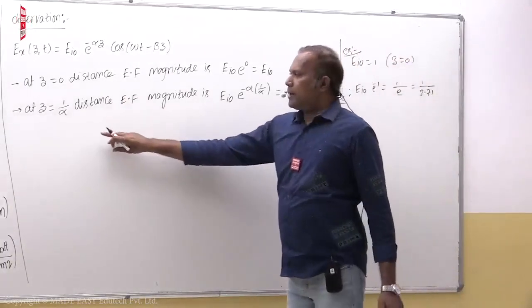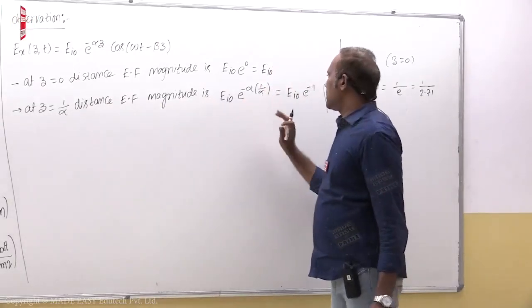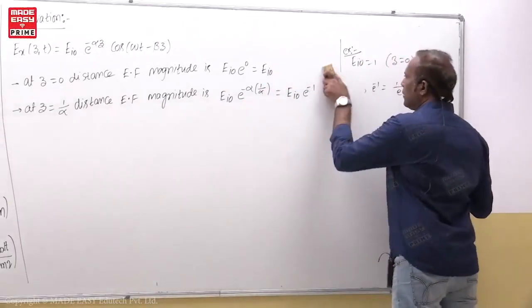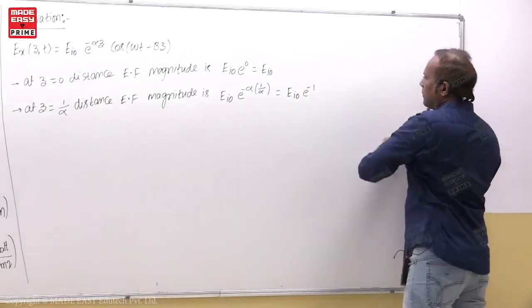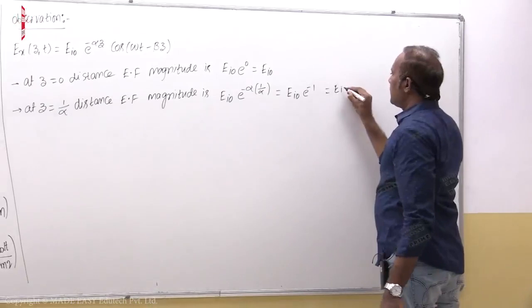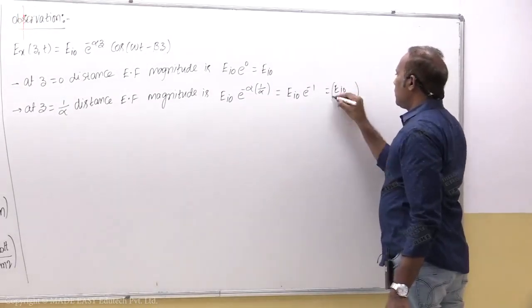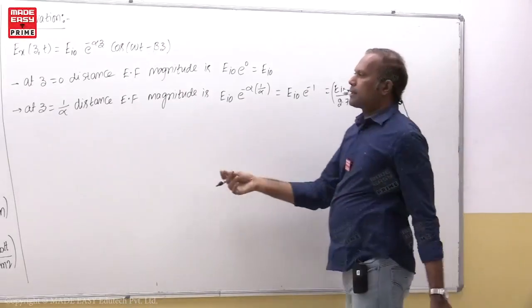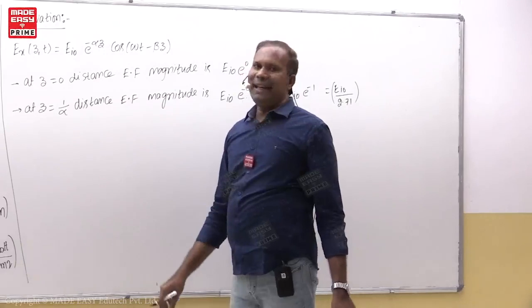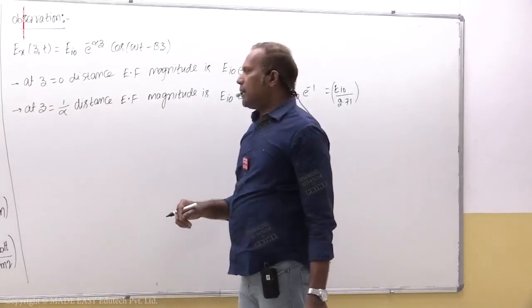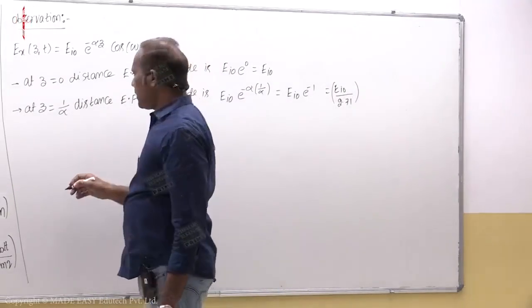When the wave travels z equal to 1 by alpha distance, the electric field magnitude becomes E0 divided by e, which is 2.71. Now this distance, that is 1 by alpha, is defined as the skin depth. The symbol is given as delta, a Greek letter. So here the definition is given.